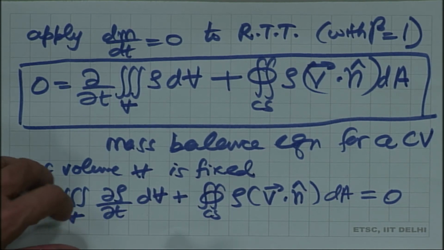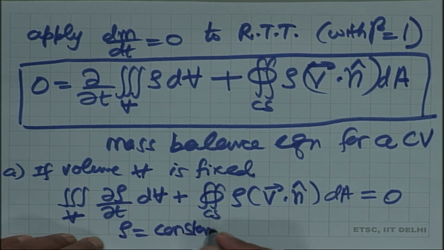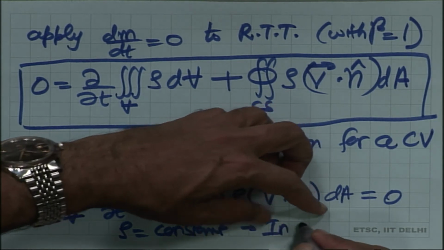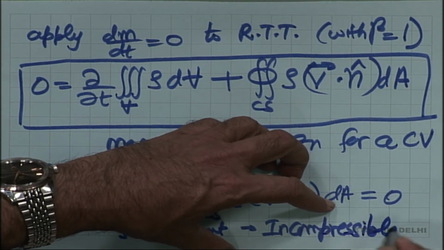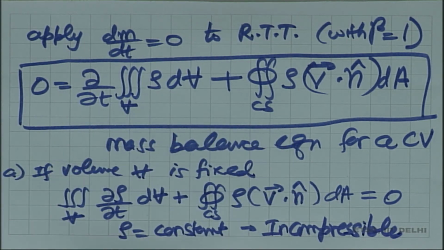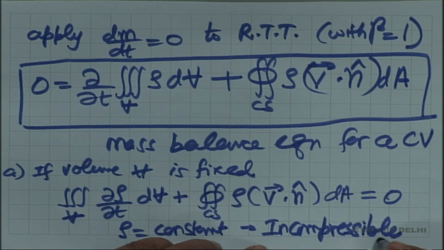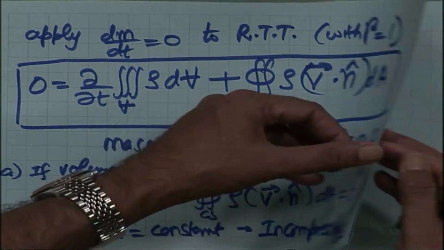And then we have a special case: if density is treated as constant, this is a case we will be doing again and again, and this will be valid most of the times except in the last part of the course when we talk of incompressible flows. If density is constant, such flows are called incompressible flows.